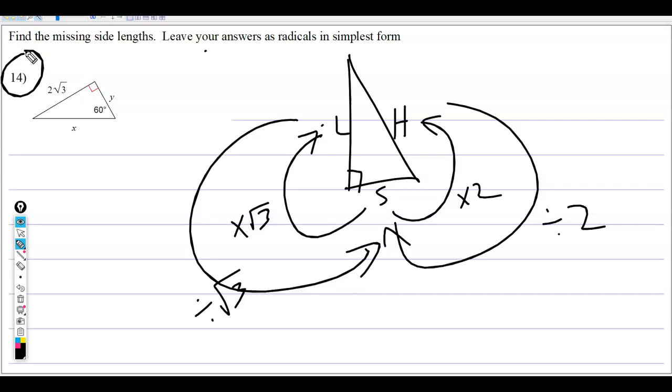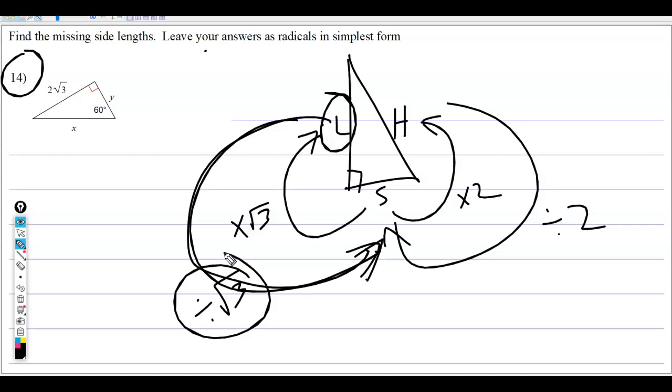A short leg, a long leg, or a hypotenuse? They gave us the long leg. So we work backwards to get to the short leg, and to do that, you divide by the square root of 3. So we take our long leg and divide it by the square root of 3. Those cancel out, and the answer is 2. So my short leg is 2.